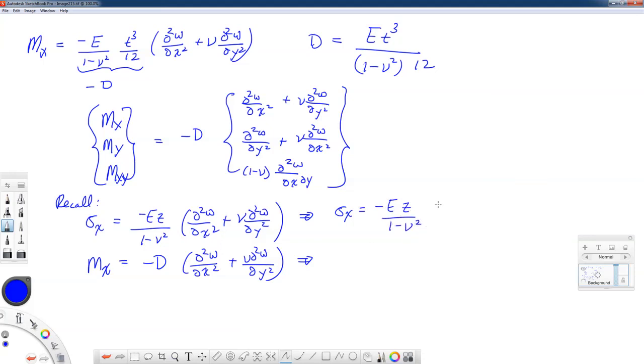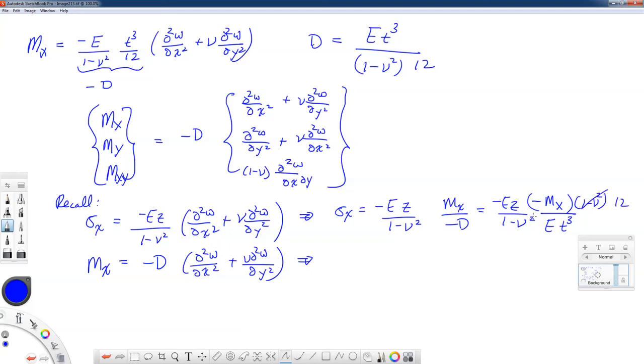Here we would have this term in the parentheses equal to mx over minus D. Of course, D we just said was E t cubed over 1 minus nu squared times 12.